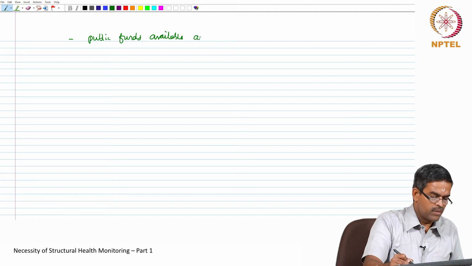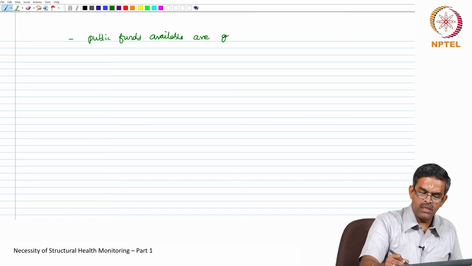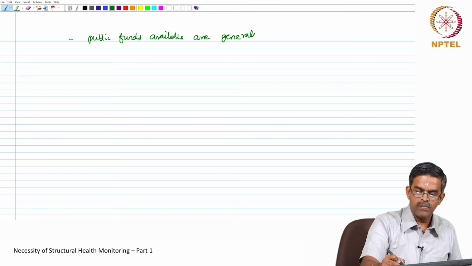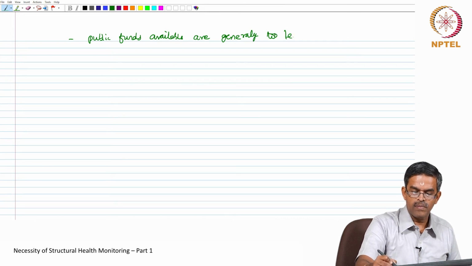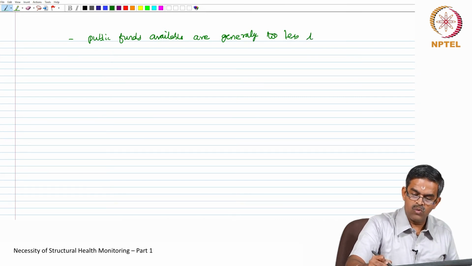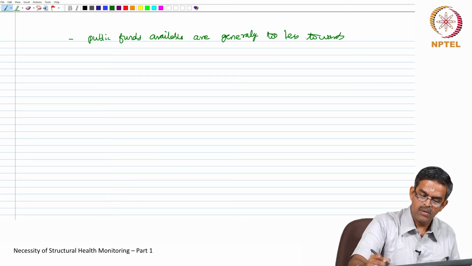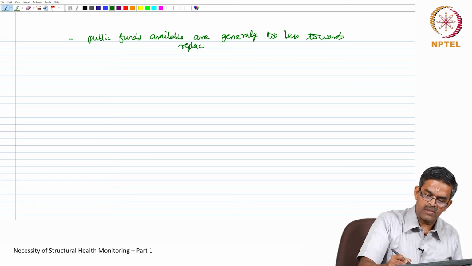The foremost point: in general, the public funds available are too little towards replacement of the structure.